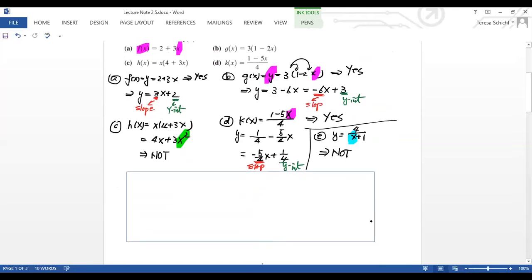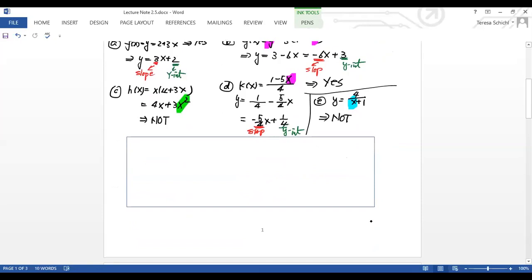All right. The next one, we talk about the rate of change. We said the slope is the rate of change.